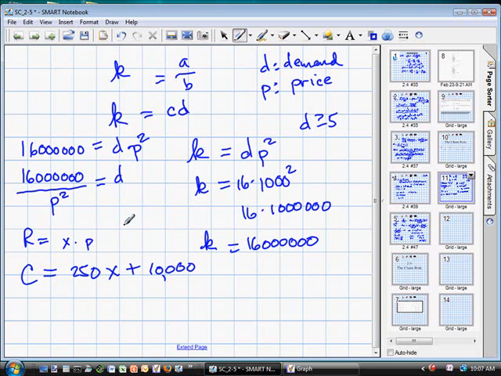Okay, now my problem is how do we get X into that equation? They wanted X to be the price. Is that correct? One more time. What did they want X to be? The demand.